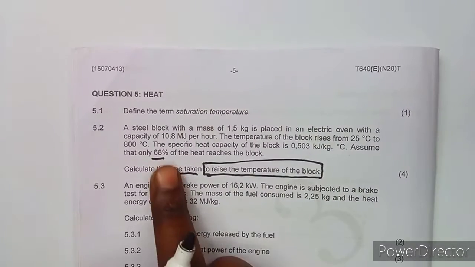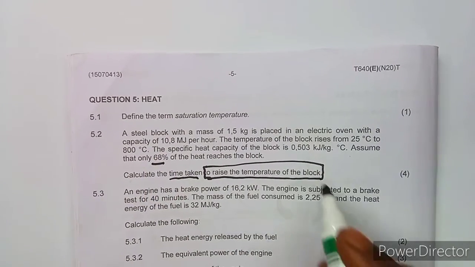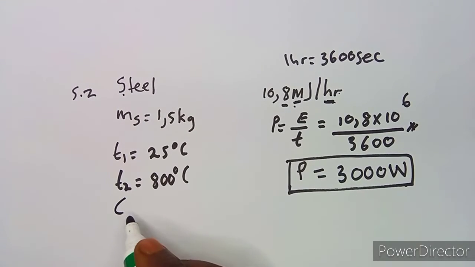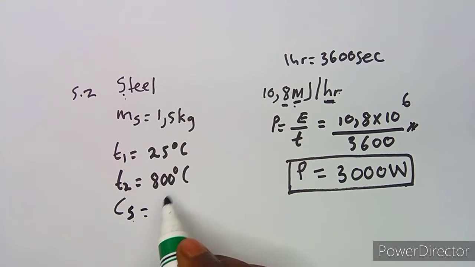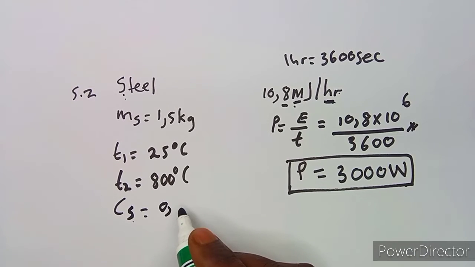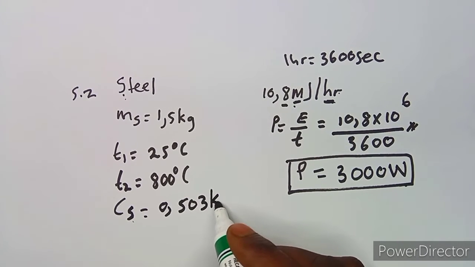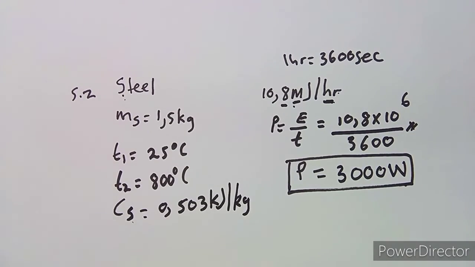We are also given the specific heat capacity of the block, which is steel, so I'm just going to use S. It is 0.503. Take note also of the units: it's kilojoules per kg.